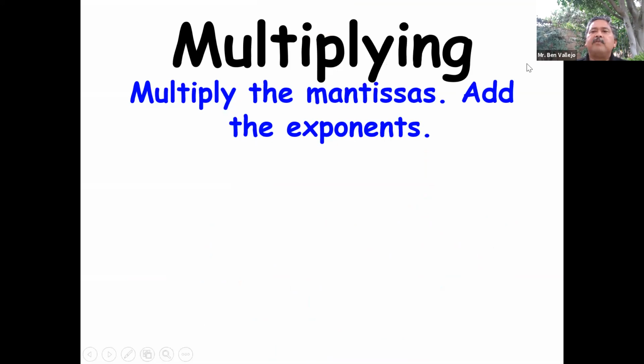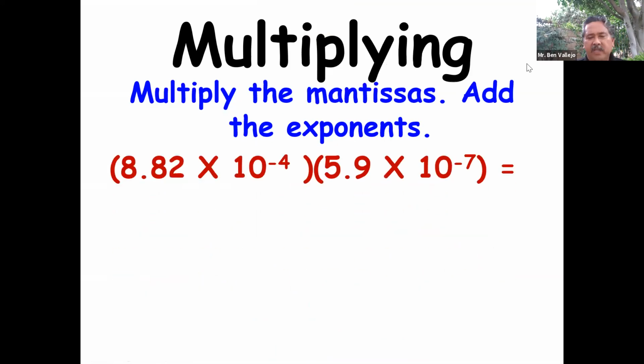All right, a couple other things you need to know for the handout. When you multiply the mantissas, you add the exponents up. More on this next time. We'll go over this again when we start doing the problems with you.